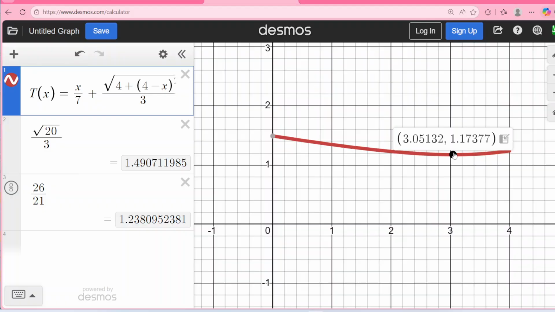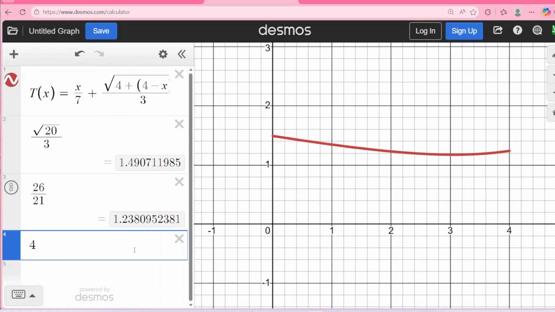So you see there is a lower one. And you see that's at this 3.05 value. And it would take 1.17 hours when you round to 2 decimal places. So if she walks 3.05 miles down the shore and then swims, it'll cut her time to the smallest possible. Now look, this 3.05132, right?